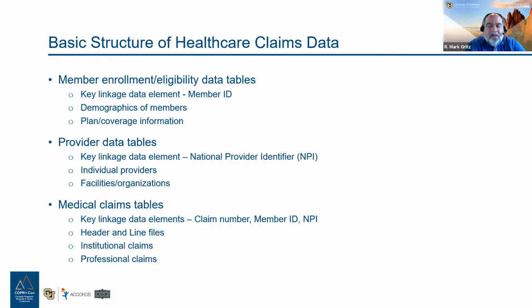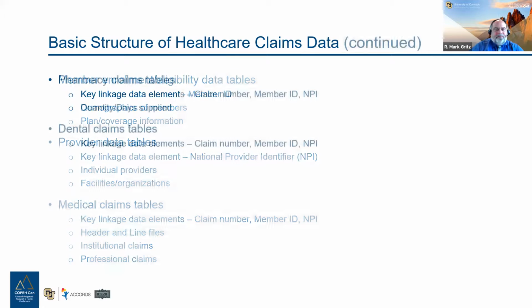And so a lot of their claims come in on institutional claims. And then there are professional claims, which are for professional services by individual providers that are tied to each specific service that they provide.